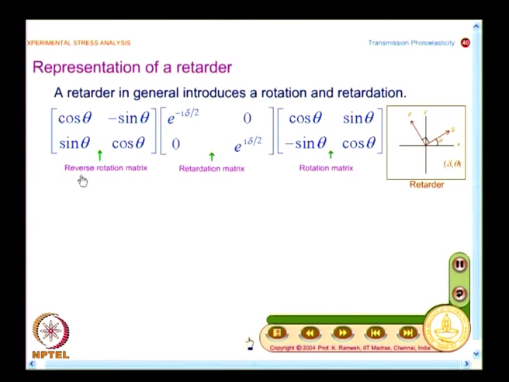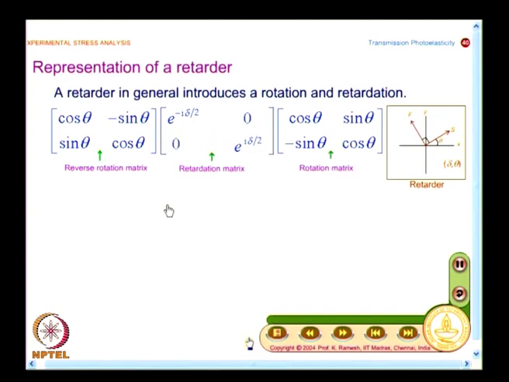So, I put a reverse rotation matrix, but what I want is, I want you to do the matrix multiplication right in the class, and when you do this, you expand this e power minus i delta by 2 as cos delta by 2 minus i sin delta by 2 and do the simplification.